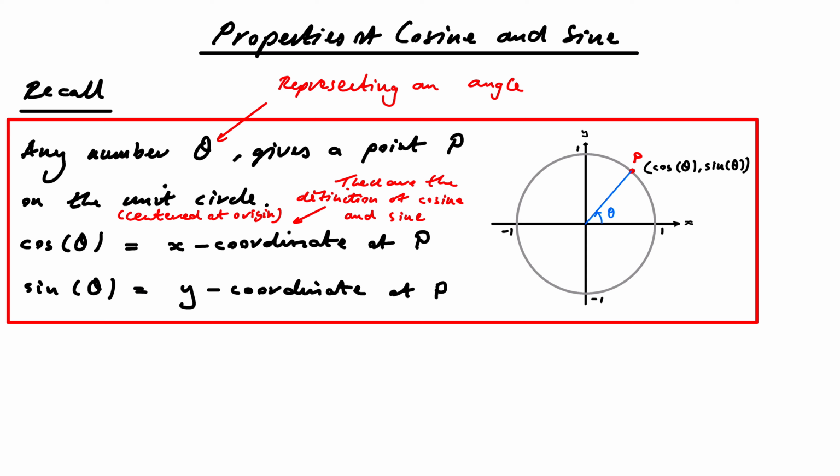Okay, so first of all, I want to say a few things about this position P in theta. It's a little bit confusing because different thetas will give you potentially the same point. For example, I have my theta there, that position P, and if I was to add 2 pi to it, I would wind all the way around again and end up at the same position.